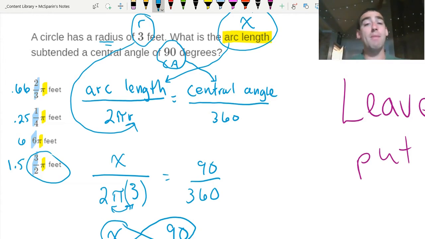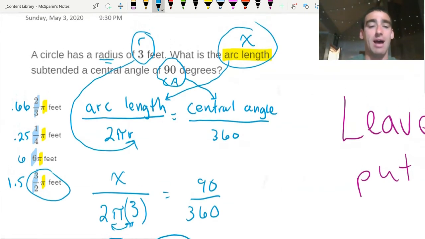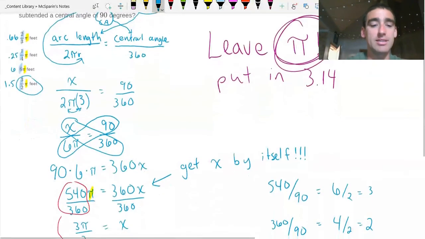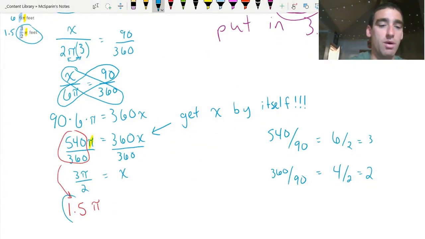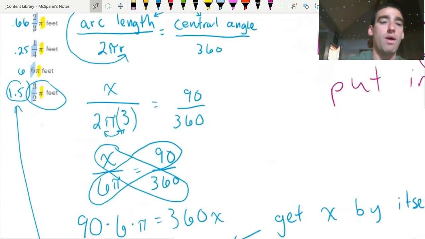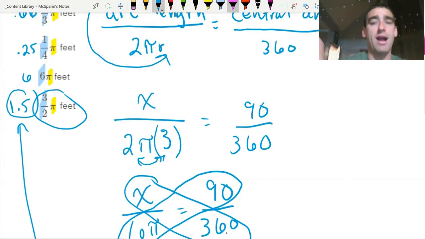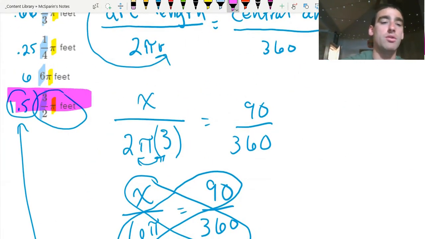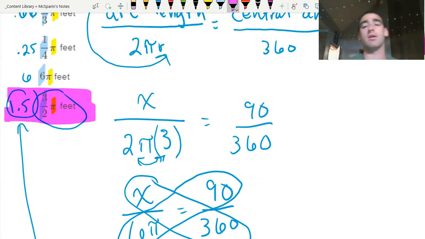So without messing with reducing fractions, you can actually still figure this question out because you can see that 1.5 and 1.5 match up. So whether you reduce your fractions or whether you just put them into your calculator, that ends up being your correct answer, okay?